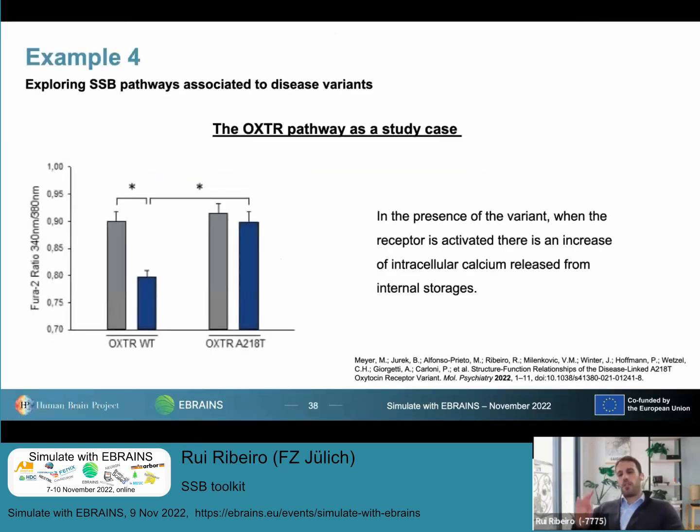Shortly, our collaborators at the University of Regensburg in Germany were studying a mutation on the oxytocin receptor. They had found that in the presence of this mutation, there was an increase in the intracellular concentration of calcium that must be released from the endoplasmic reticulum.